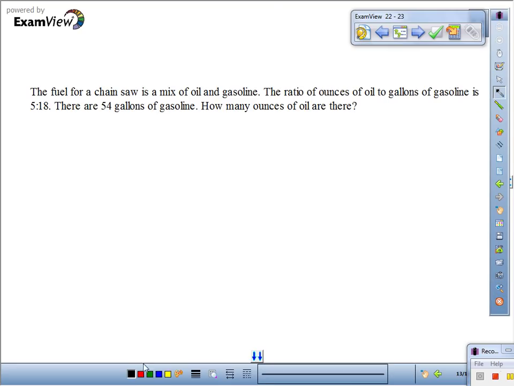It says, the fuel for a chainsaw is a mix of oil and gasoline. So they mentioned two things here, right? What is the first one they mention? Oil. So I do a box for oil, and then I go to the rate that they give me. What is the rate? 5 to 18.